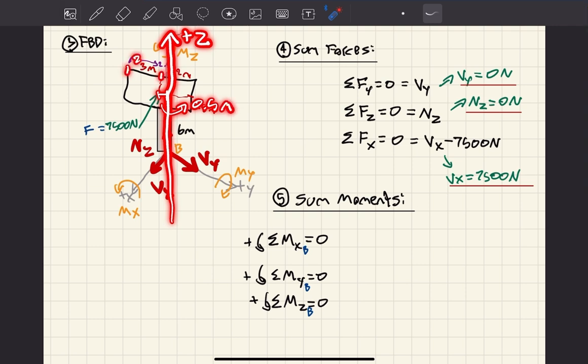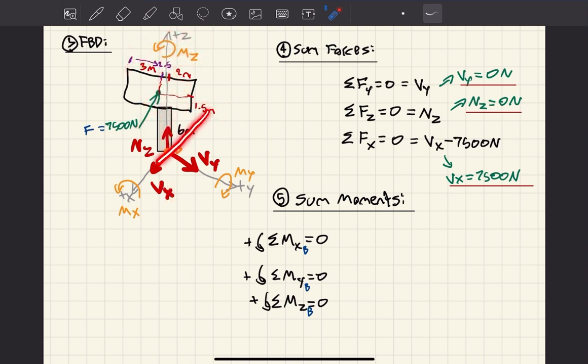This is 2.5, and this entire thing is 3. So therefore, this distance right here is 0.5 meters. If this is our R and this is our force, what will happen if we just let this body go? Well, this force will try and rotate it again about the z-axis in this way, if you can imagine it in 3D. And again, that is a clockwise moment, and therefore it's negative if we define counterclockwise as positive.